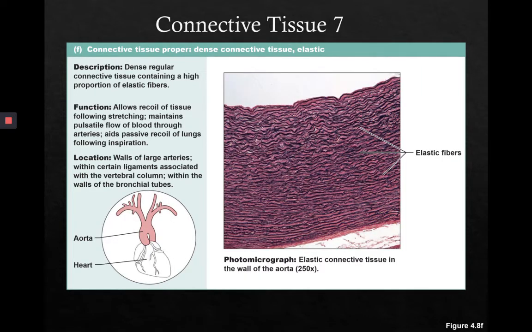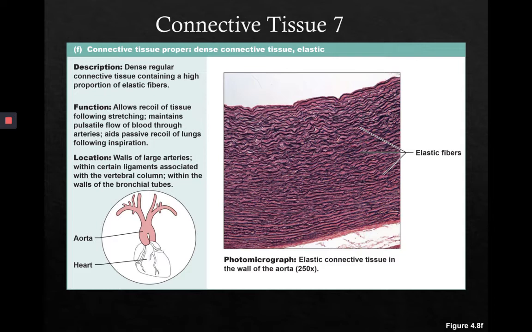And then elastic connective tissue, make sure when we eventually get to cartilage, you don't confuse this with elastic cartilage, but dense elastic connective tissue is found in major arteries like the aorta. It's also found in parts of the vertebral column, and that's the reason your vertebral column has a good twisting or kind of stretching ability. It's not because of the cartilage that's also found there. And you also find some of this within the walls of the bronchial tube.